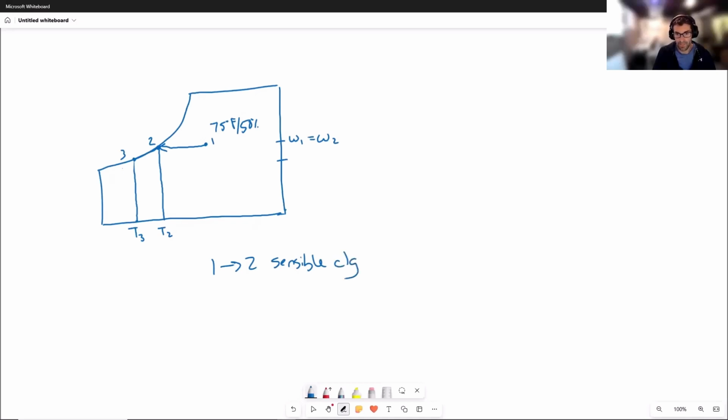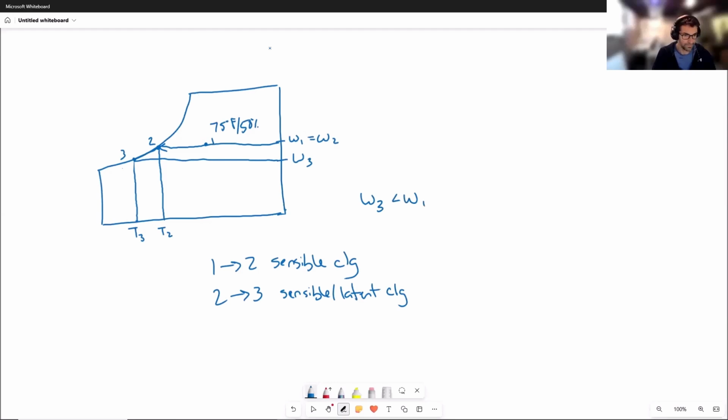And the process from 2 to 3 is sensible and latent cooling. And we would say, of course, that the humidity ratio at 3 is less than at 1 or 2. And the relative humidity at 2 is the same as the relative humidity at 3, which is 100% saturated.